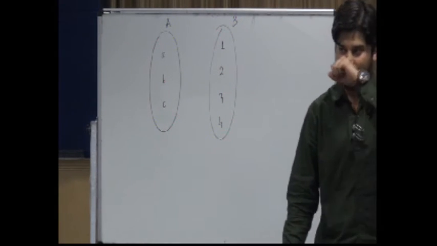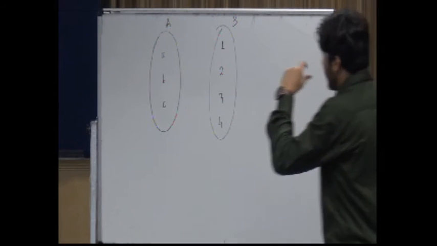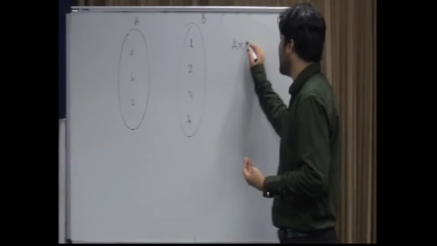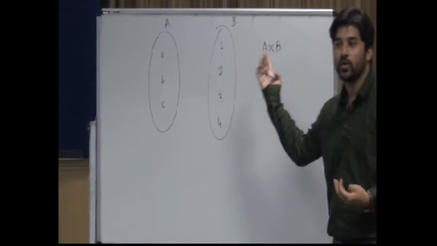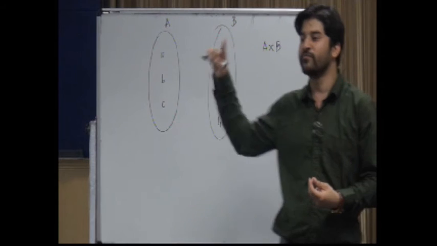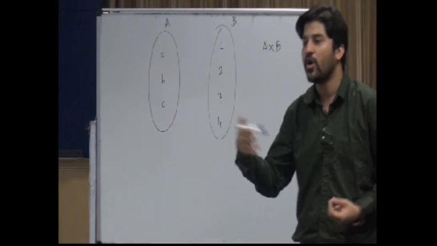Now, when I say Cartesian product of 2 sets, I'm going to symbolize it as A cross B. It will also be a set, which is a product of these 2 sets, and each element will be an ordered pair.